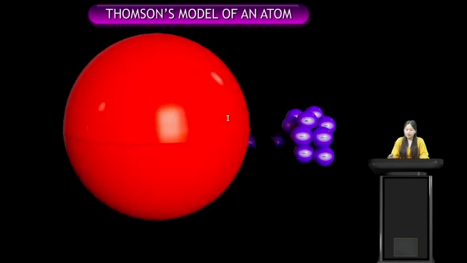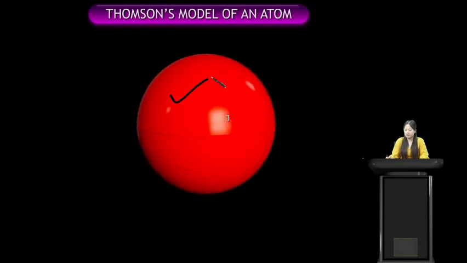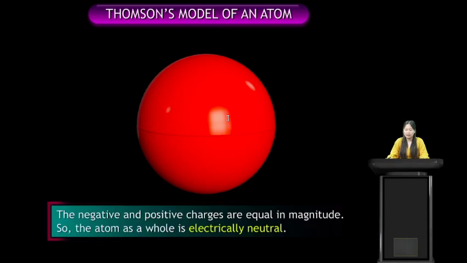According to Thomson, the negative and positive charges are equal in magnitude, so the atom as a whole is electrically neutral.